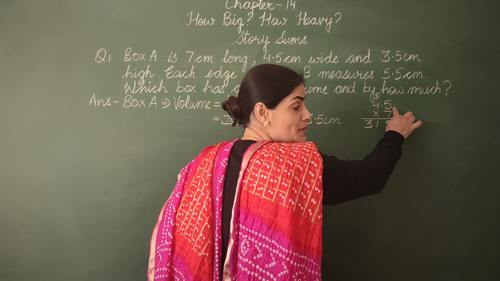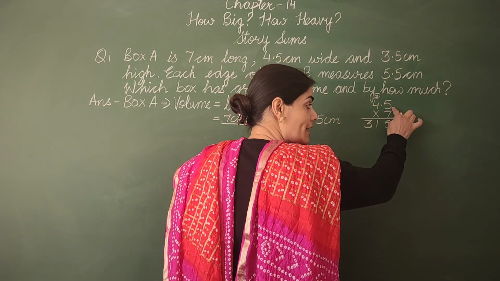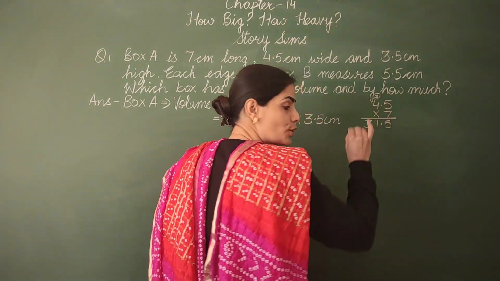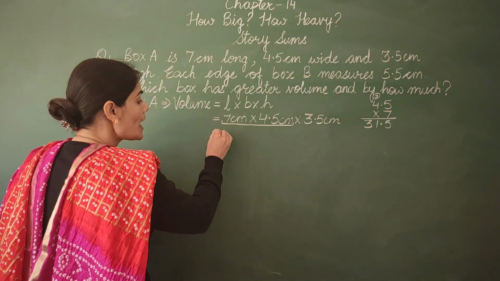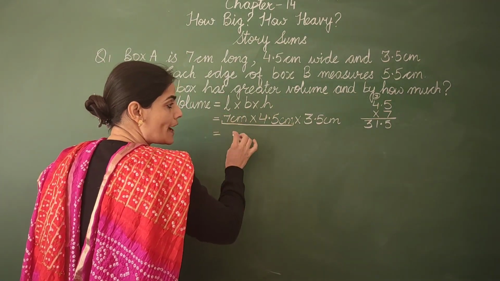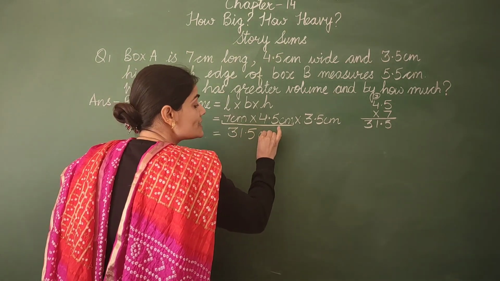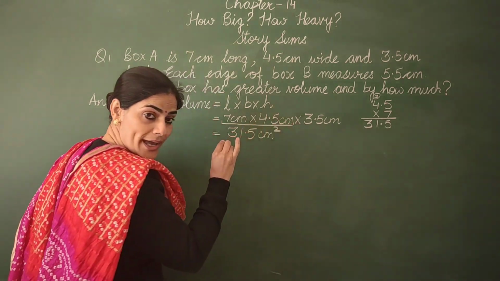Now count the decimal places. There's only 1 here. I count 1 digit from the right side and put the decimal. So the product of the first two dimensions is 31.5 centimeter squared.